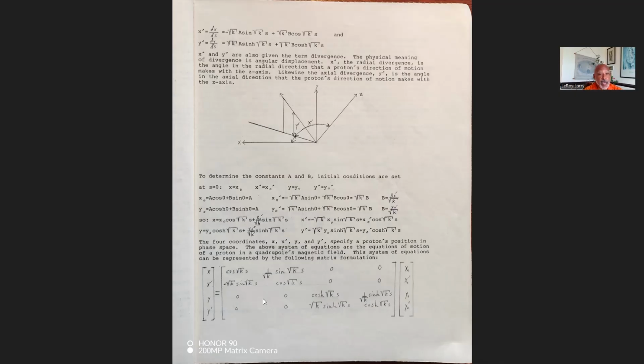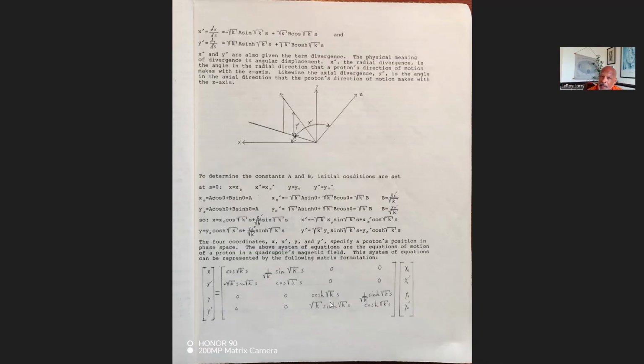Remember, 24 cells around the booster synchrotron at Fermilab. Each of those 24 cells contains 2 quadrupole magnets. One like this, and then the other one, that's the reverse, okay? Axially or vertically focusing and horizontally or radially defocusing. And to represent that type of a quadrupole, you see these 4 elements right here, and you see these 4 down here.